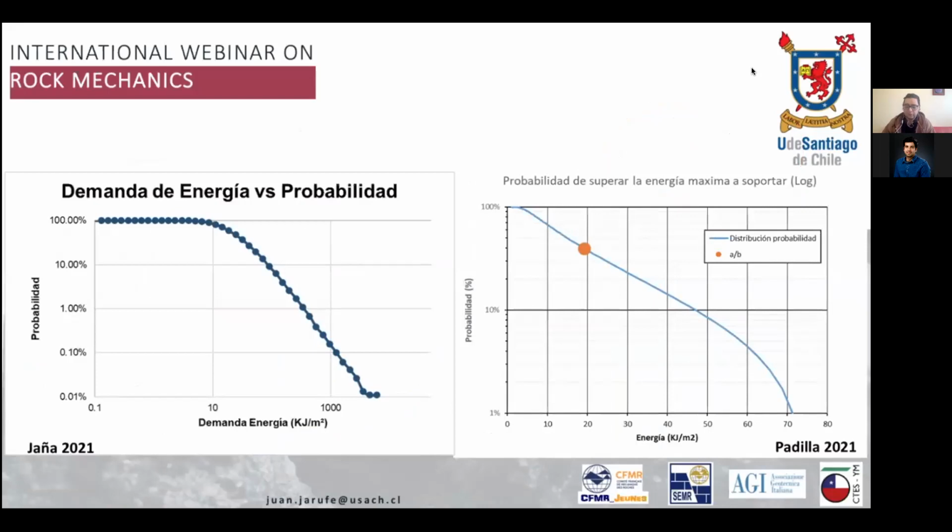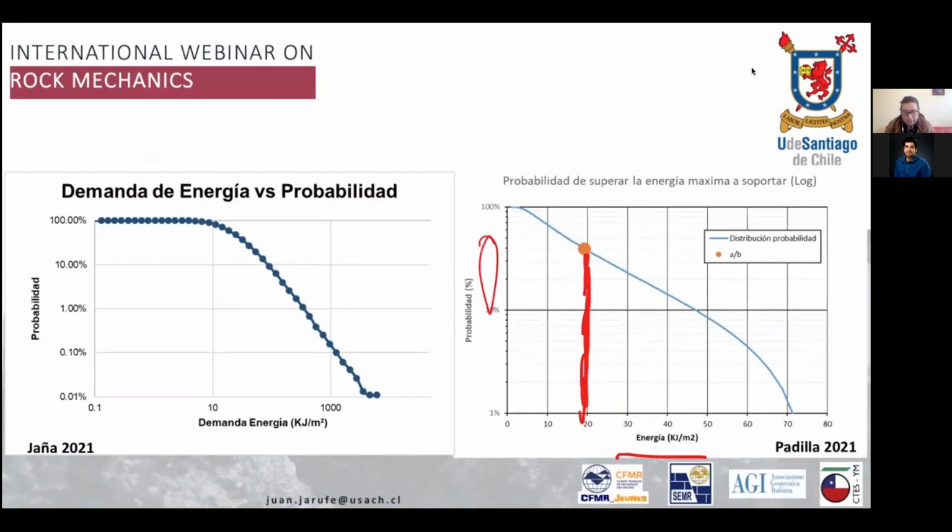So in this chart, we can see the probability of exceeding a specific energy. And some studies have shown that if you do the calculation from a deterministic point of view with average values, what you get is something like this.